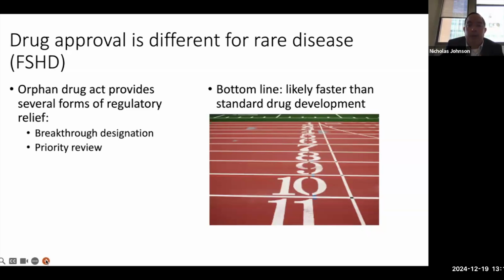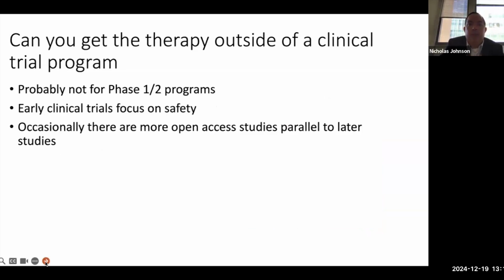And it provides a priority review, which is kind of like a fast pass at Disney, where you can jump the line. So the bottom line is that it's probably faster than standard drug development. I'm not sure what the rate of success is in rare disease, and it'd be interesting to do some work to understand if it's different than that first slide I showed you.